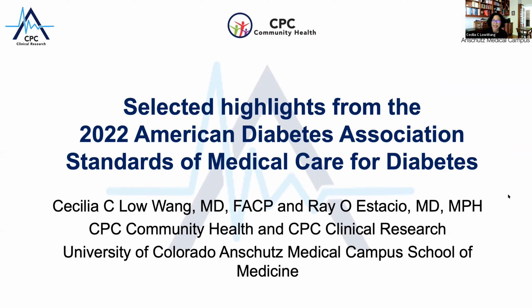So we picked out a few of the highlights from the 2022 standards, and I hope that you'll find this interesting. Hopefully the presentation will take maybe 30, 35 minutes, and then we'll leave lots of time for questions at the end.